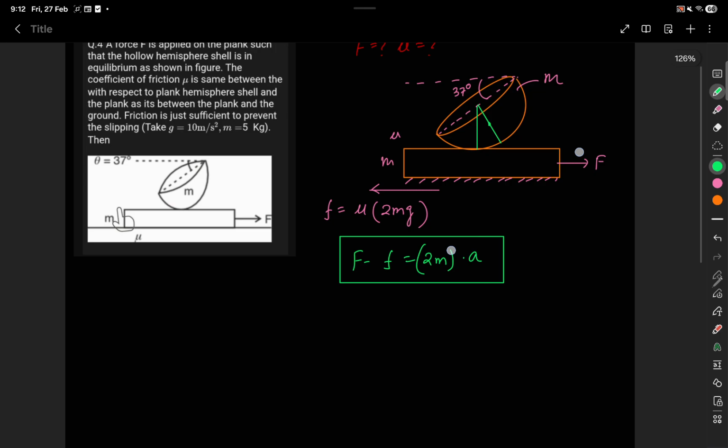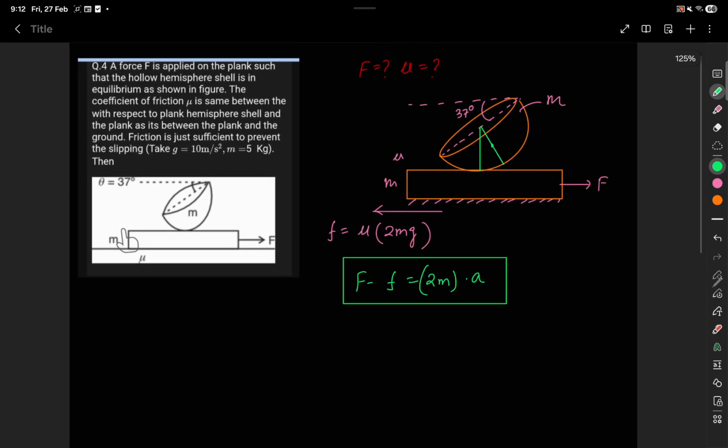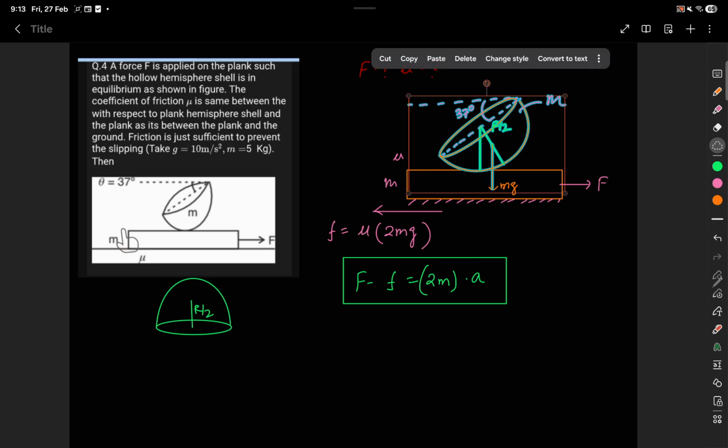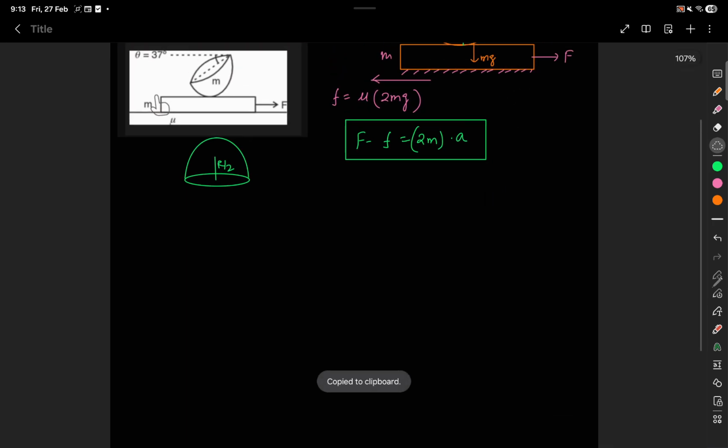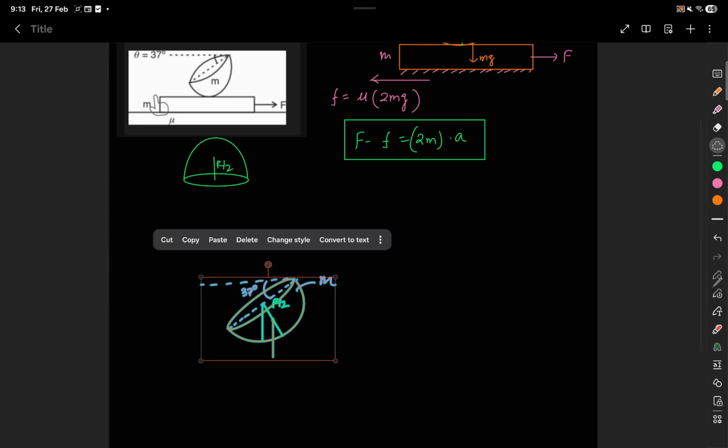Now you are well aware that this is a hollow hemisphere. For a hollow hemisphere, the center of mass is at r by 2 from the base. So this should be r by 2, and here it will be mg acting in this direction, right? So let's draw this separately and observe the hemispherical shell.